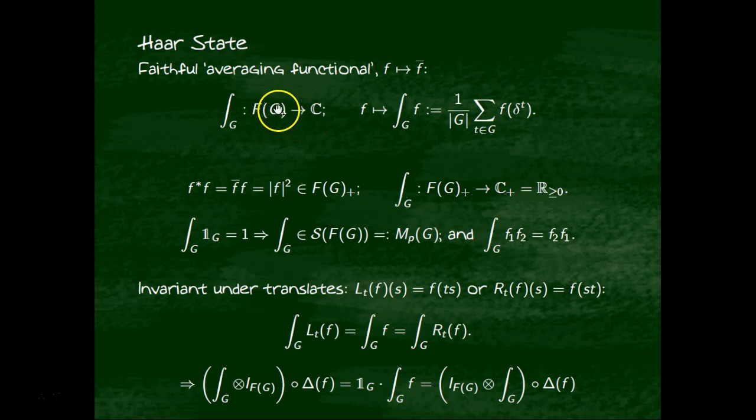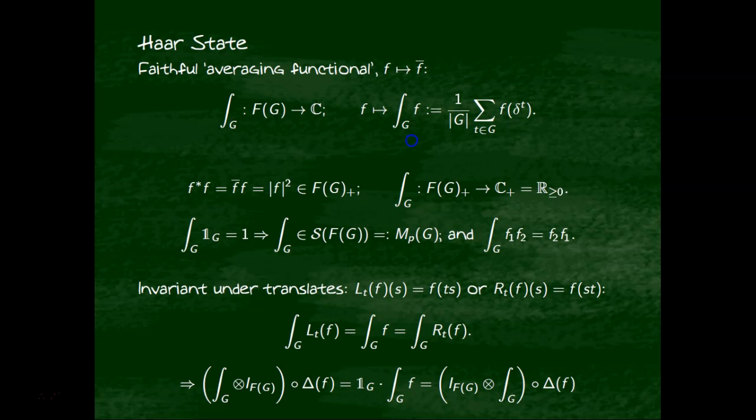It takes a function on the group and it gives a complex number, and what it does is it sends the function to its average. So you add up the values of the function divided by the number of numbers. It's just the average, and we're going to write this as this integral of g.